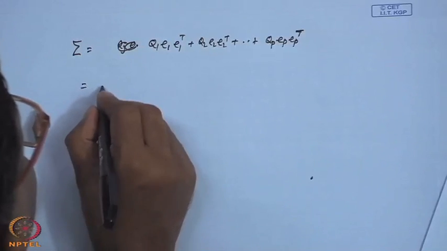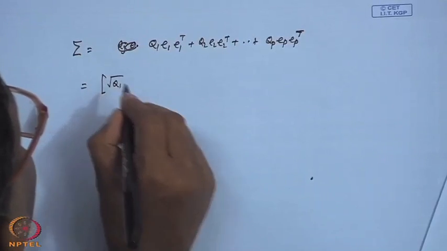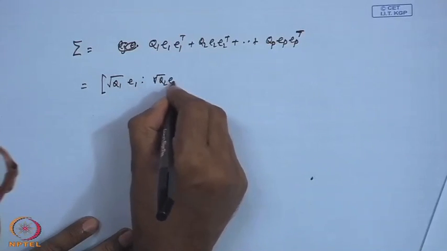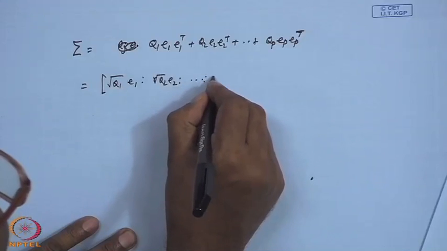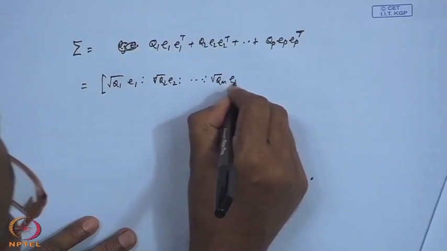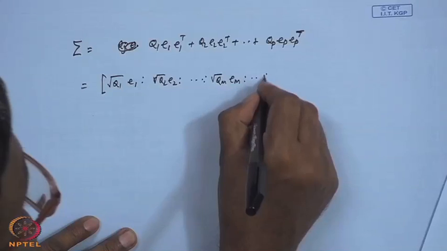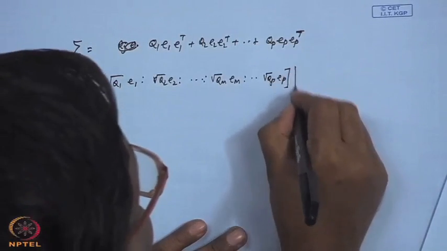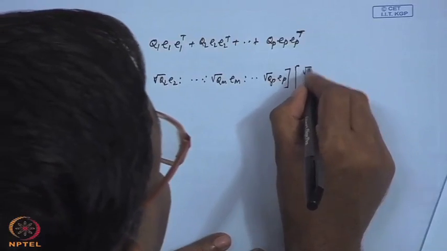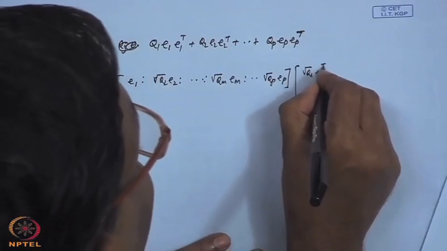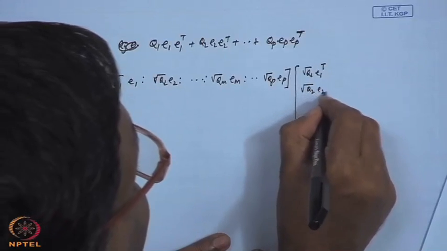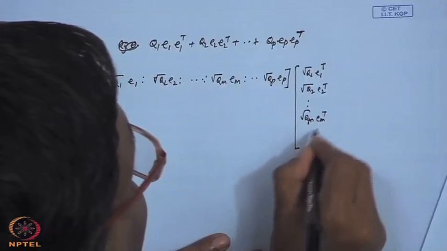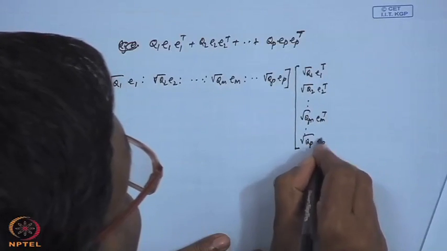So, similarly, this can be written as Q1 root E1, Q2 root E2, Qm root Em, then Qp root Ep, multiplied by root Q1 E1 transpose, root Q2 E2 transpose, like root Qm Em transpose, root Qp Ep transpose.